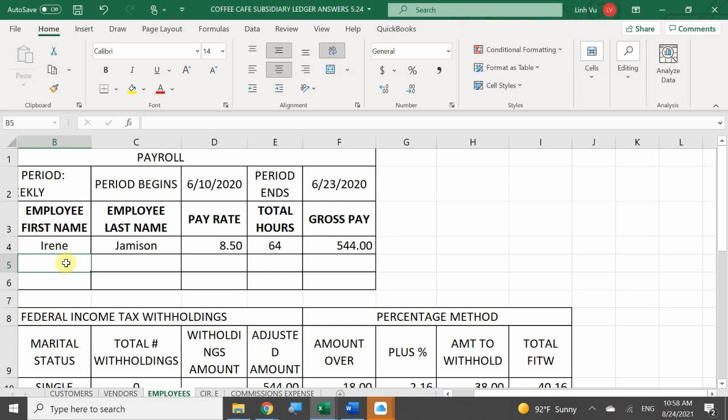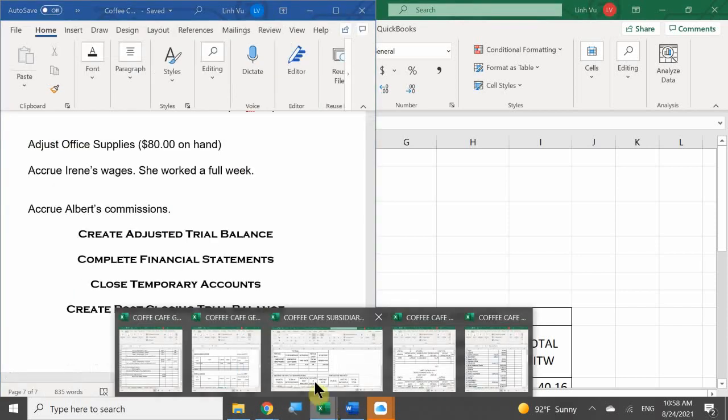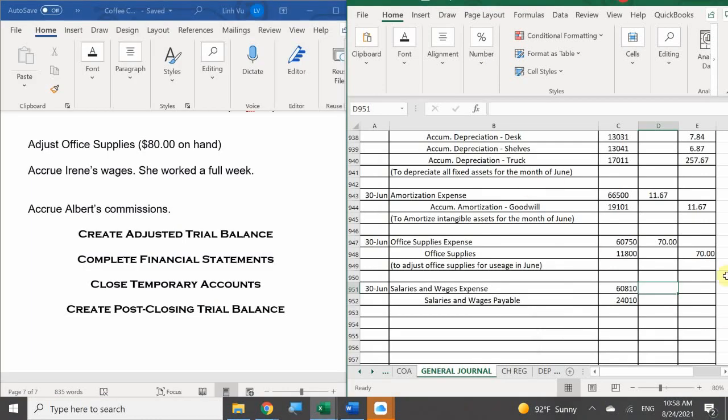What you can do here is at least find out what her pay rate is. In this case, it's $8.50. So she's worked a full week, $8.50 times 5 days.